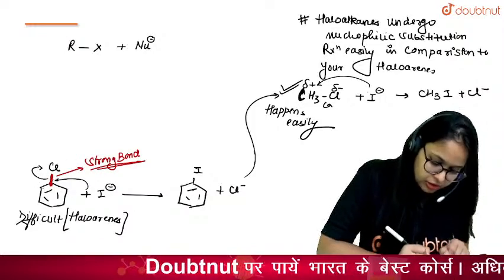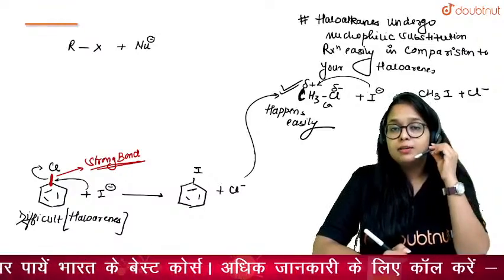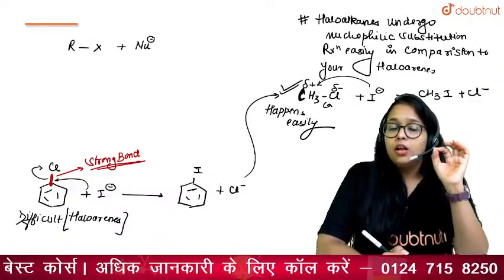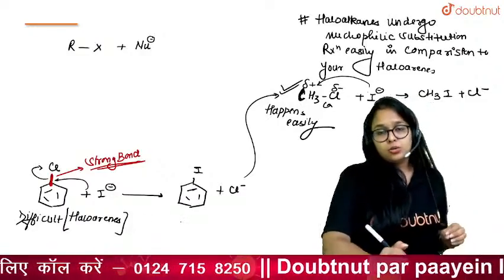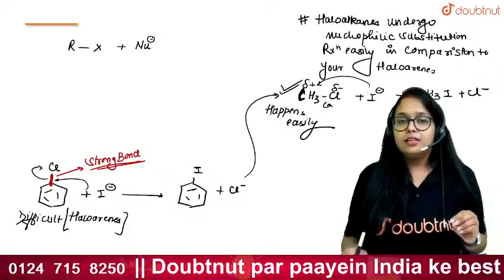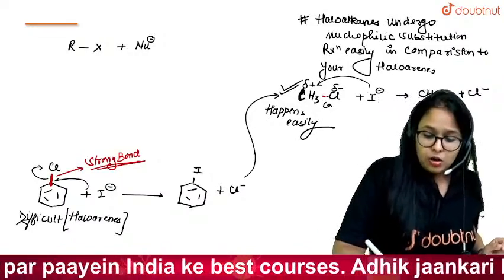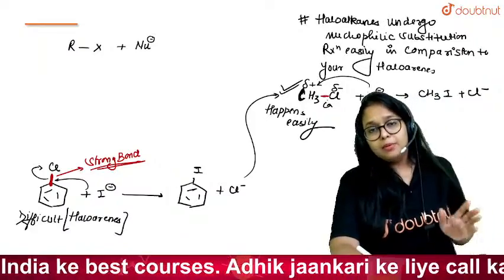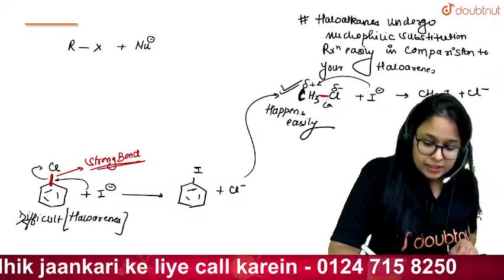It is not easy to break this bond, and hence I minus is not able to substitute the chlorine atom in chlorobenzene. Why is it so? Why is the chlorine and benzene carbon bond stronger than the usual carbon halogen bond in the haloalkanes?